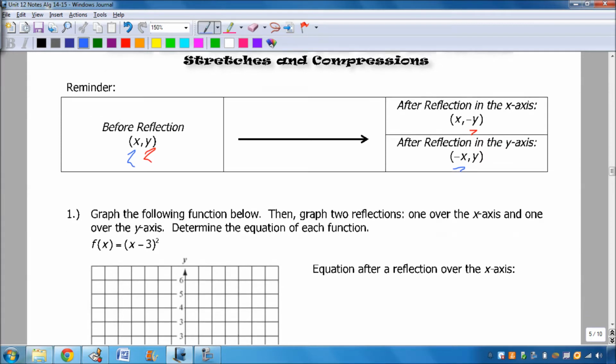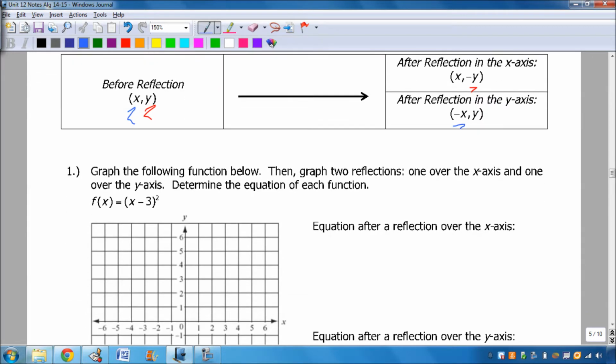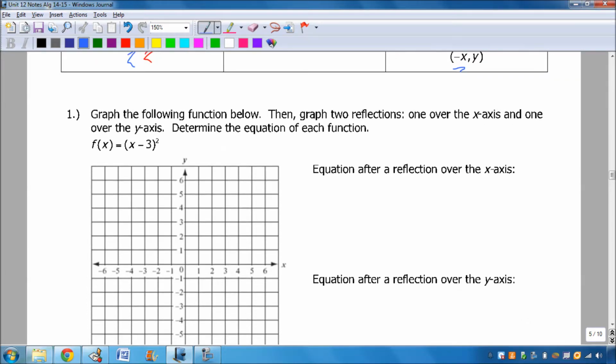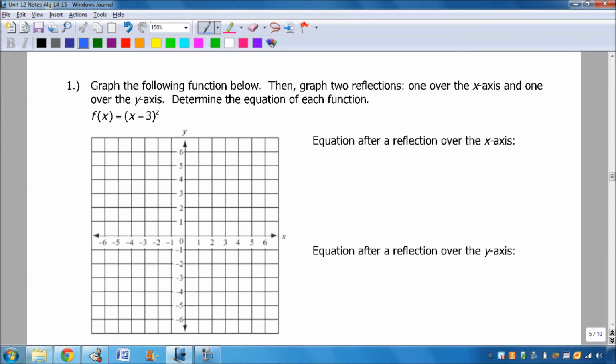Question number 1 says to graph the following function, then graph two reflections, one over the x-axis and one over the y-axis, and determine the equation of each function. The original function is the parent function f of x equals x squared, shifted 3 units to the right.